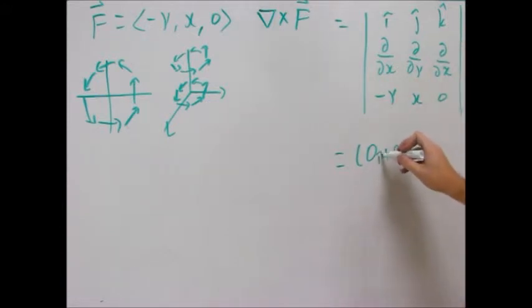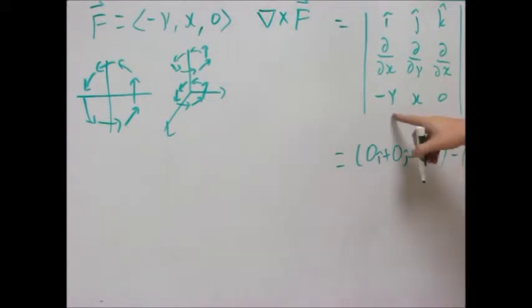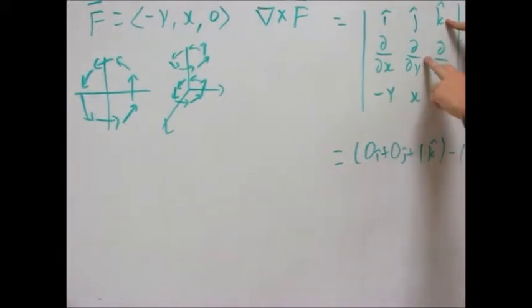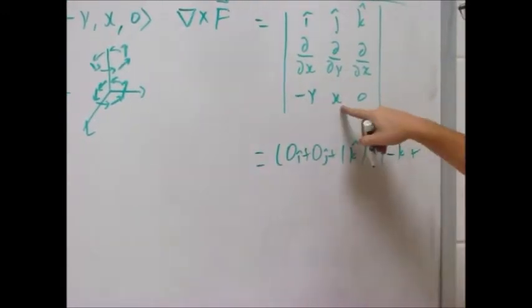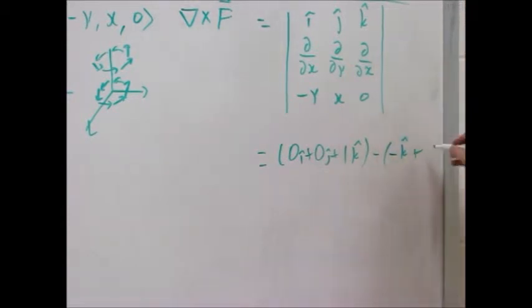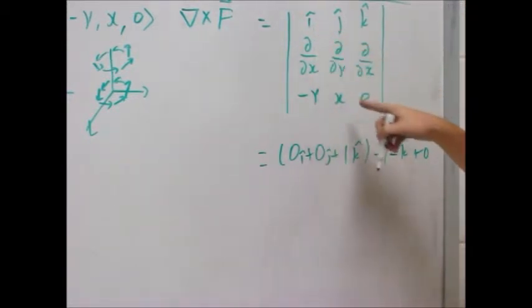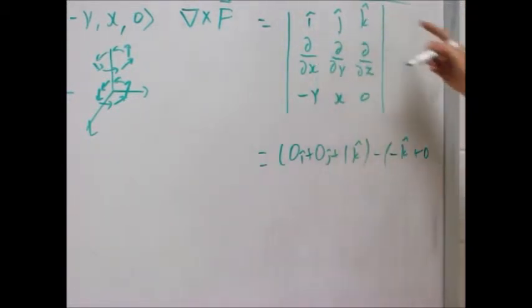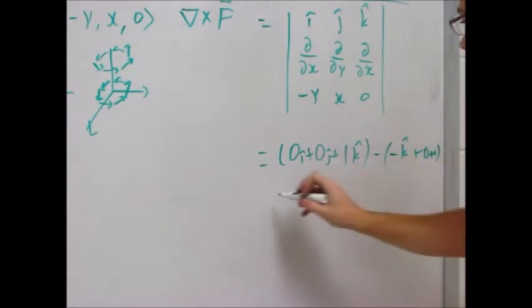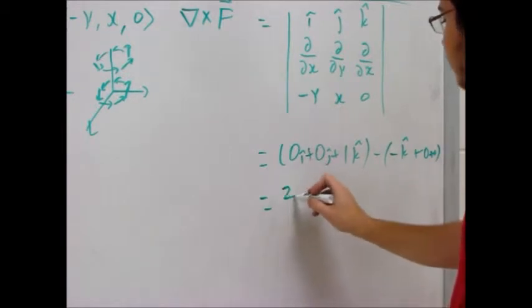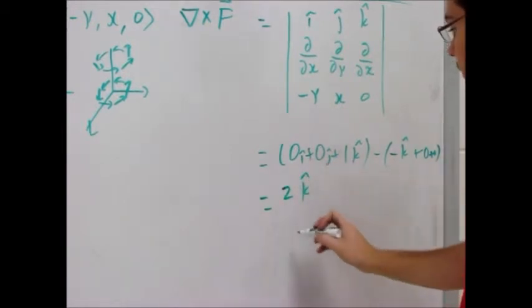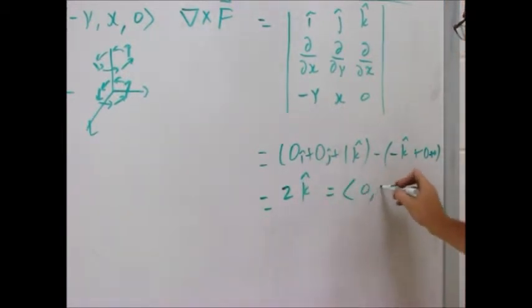Then minus, if we do it the other way, the partial of negative y with respect to y is negative 1, so negative k, plus x with respect to z is 0 for j, and 0 for i. So this is 1k minus a negative k, which is 2k, or if you want, 0, 0, 2.